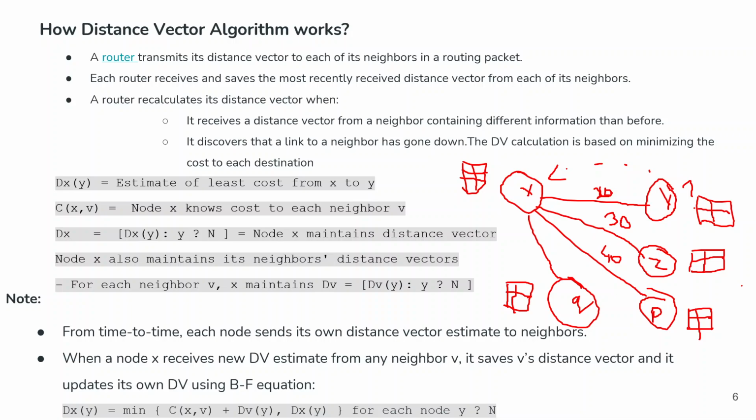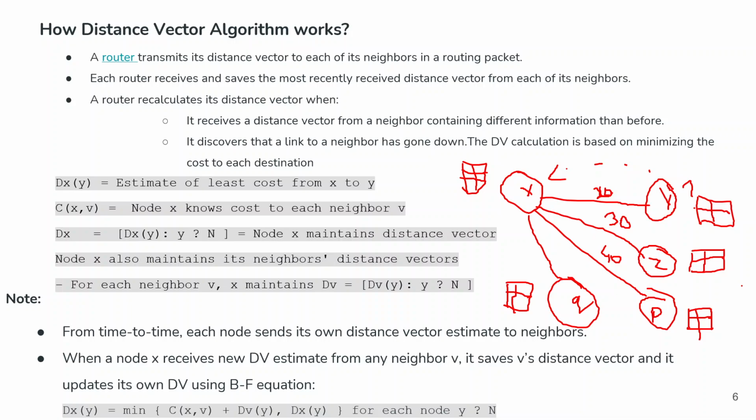So when a node x receives a new DV estimate from any neighbor v, it saves v's distance vector and updates its own DV using the Bellman-Ford equation. That is, the Bellman-Ford equation is dx(y) = min over v of { c(x,v) + dv(y) } for each node y.